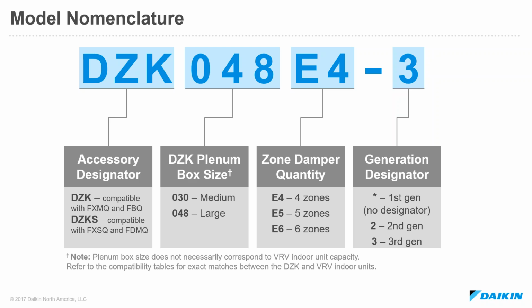This just indicates the plenum box, sort of the nominal size. There's a medium size, there's a large size. And then we've also added E4, E5, E6, which indicates the quantity of zone outlets on that DZK. And then the last trailing digit after the dash is just a generation designator. So current generation is -3. We previously had a -2 for 2nd gen, and the original launch several years ago didn't have any kind of generation designator.